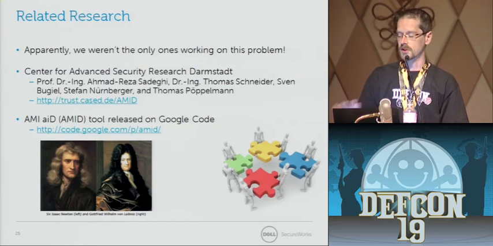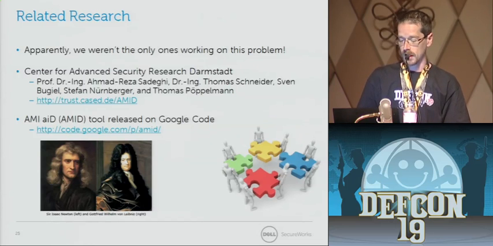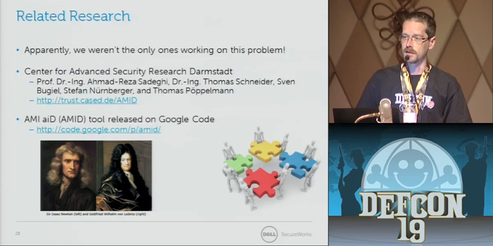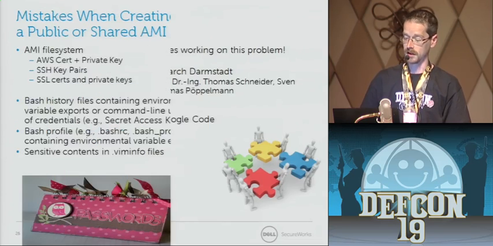So they're similar, but the approaches are slightly different. We've scanned more images and have a little bit larger data set from our tool. But I just wanted to highlight that there are other people working on this, and it's possible that there are others that aren't publishing it. So this is probably something that's being done in the wild.